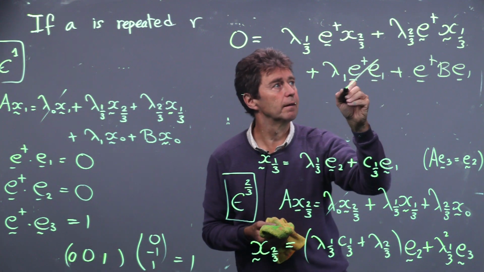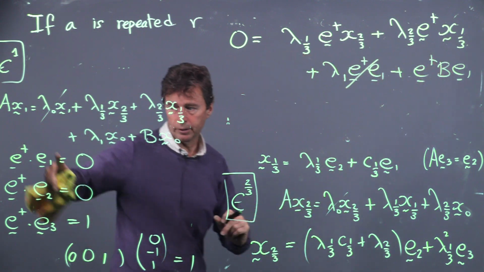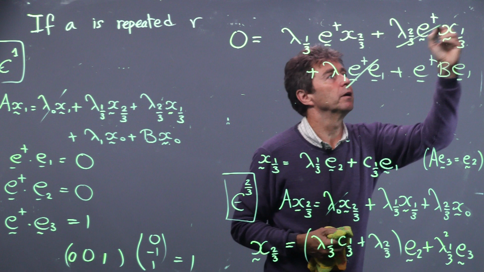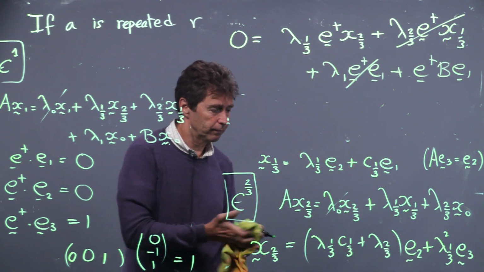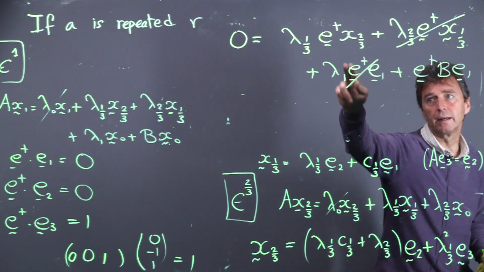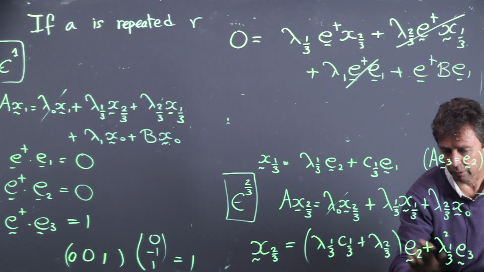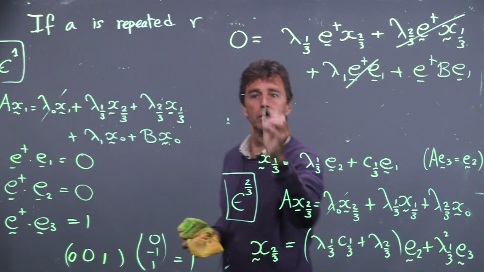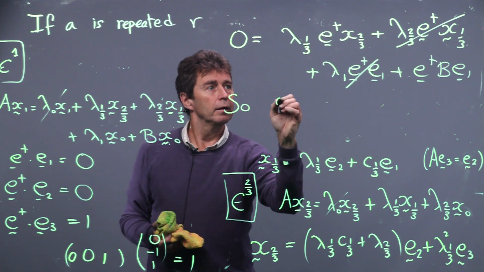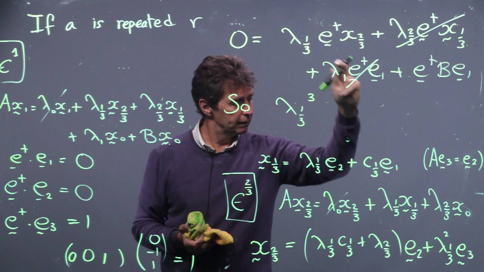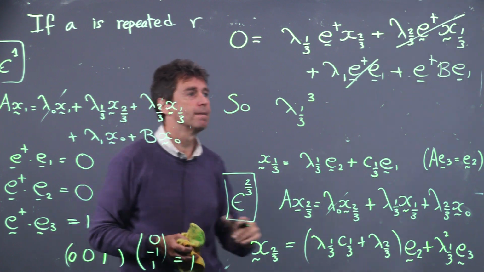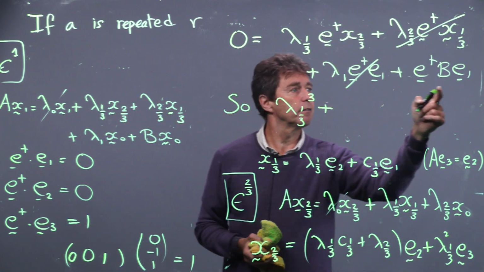Right, so that's 0. X3 contains E1 and E2. Don't give me anything there. And if I now pop this lot into here, the first term there, that's an E2. That's orthogonal to E, so this doesn't contribute. The only one that contributes is this one. So we get lambda 1/3 cubed, and E dagger dot E3 is 1, plus whatever I get from here.